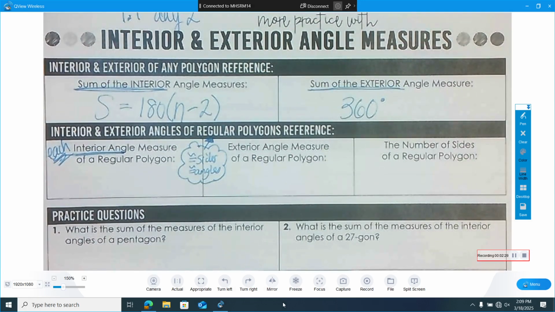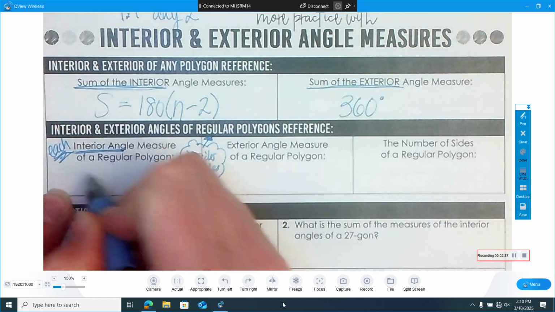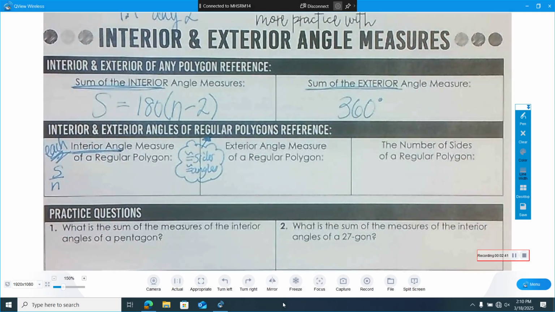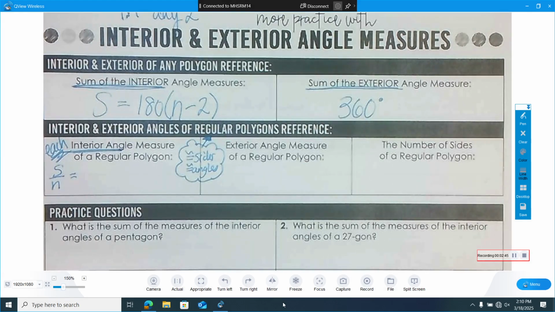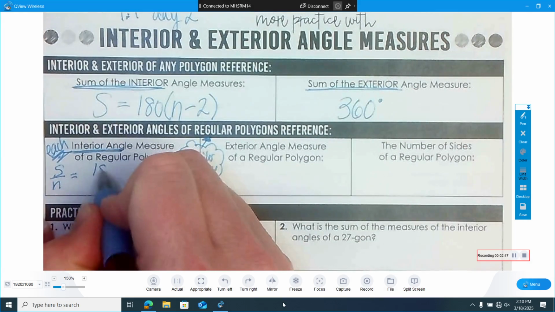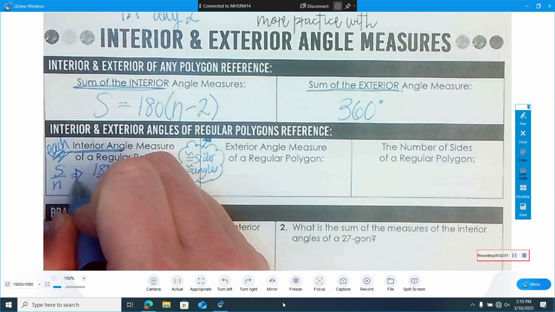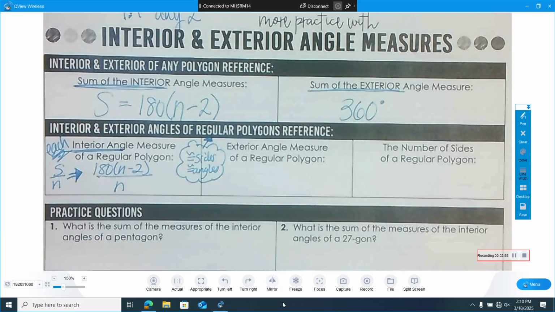How do we figure out what each individual angle is going to be? Yeah, so if we take the sum and divide it by the number of sides, that's going to give us each angle's measure. So we can do 180 times n minus 2 all divided by n. That's going to give us each individual angle measure.